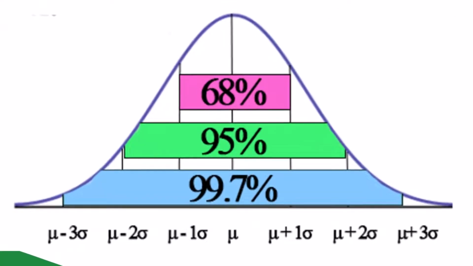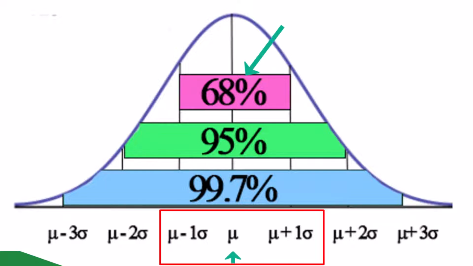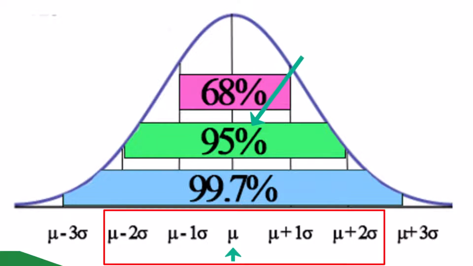So according to the empirical rule, our population mean is in the center here. And if we go up one standard deviation and down one standard deviation, that means 68% of our data will fall within this range. If we go 2 standard deviations up from the mean and 2 standard deviations down from the mean, 95% of our data will fall within this range.